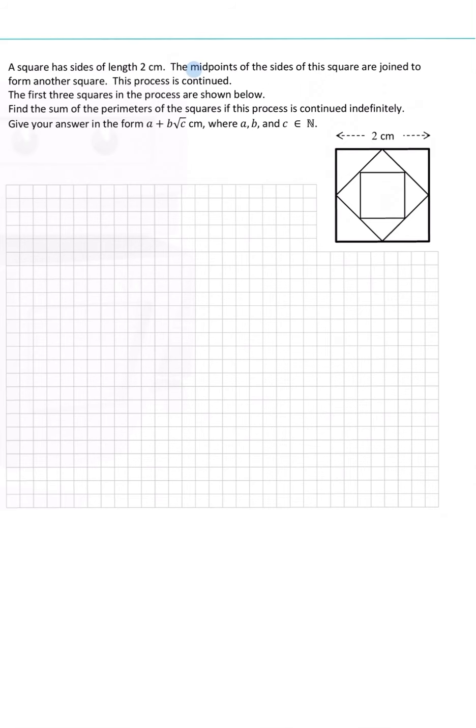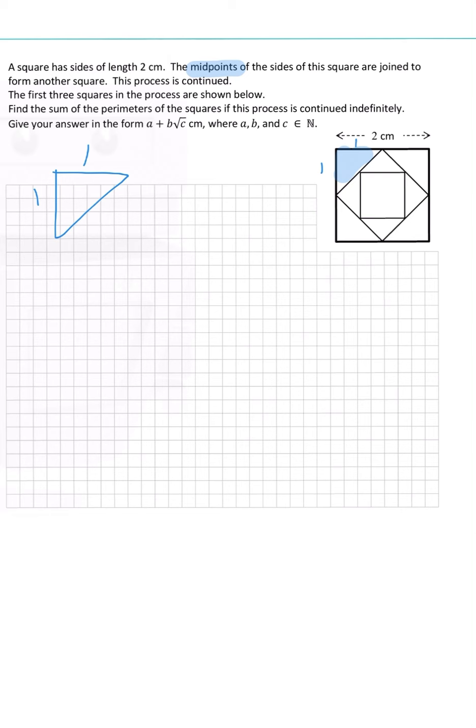Okay, so some key terms here. We're told the midpoints of the sides of the square are joined to form another square. So this, starting off, is a Pythagoras question. This blue triangle here, I'm going to draw that out separately. I'm going to have lengths of 1 and 1, and I'm getting those 1s because it's half of 2.